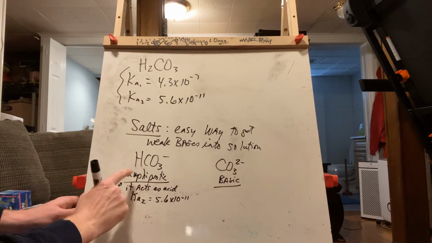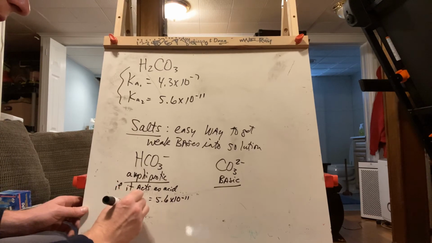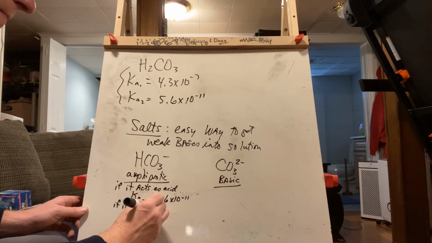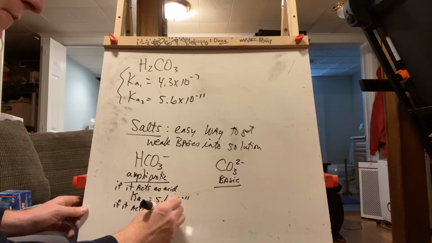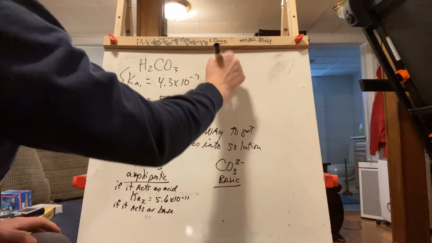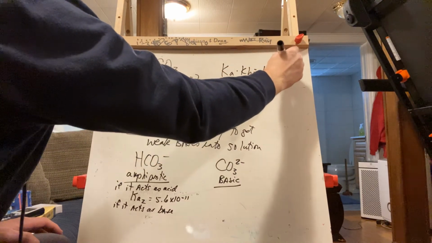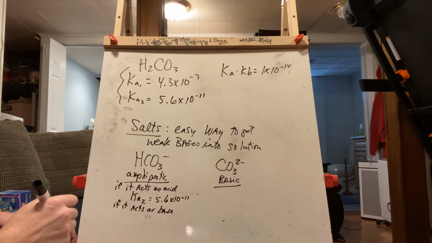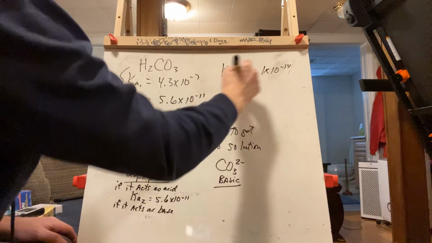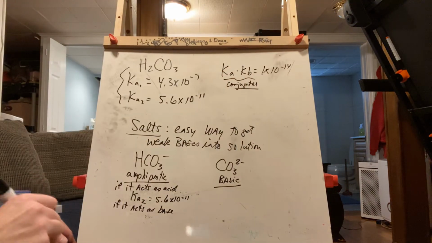However, amphiprotics can also act as bases, and if it acts as a base, I have to go back one second and review. A Ka times a Kb equals 1 times 10 to the negative 14th. These must be conjugates of each other.